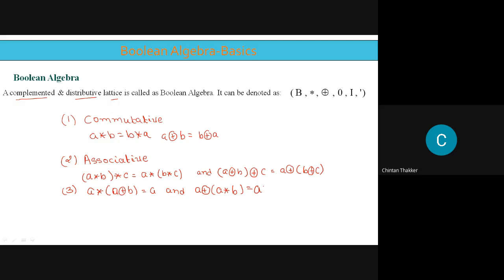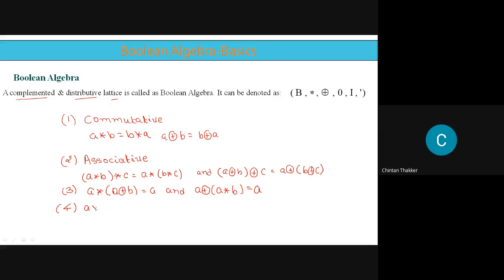Then the fourth property is the distributive property.